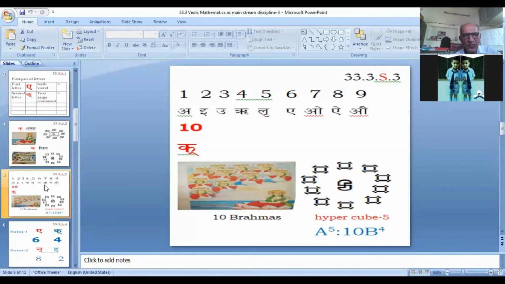Therefore, a reach from first letter, sixth vowel to the second letter Ka as Ka Brahma with the inherent potentiality of Ka Shiv will help us appreciate that the reach from value 6 to value 4 with the summation value of 10 is parallel to the first letter 6 being a structural key value for Ganita Sutra 1, and the second letter together with the first letter becomes and plays the role of the structural key of Ganita Sutra 2, the Nikhilam Navatashcharamam Dashatah.